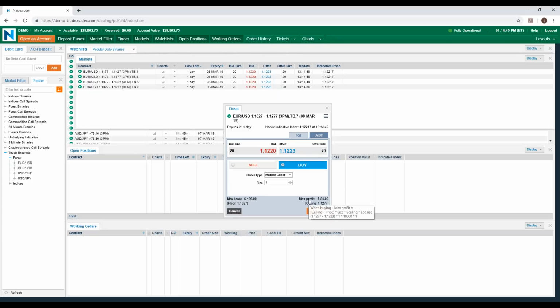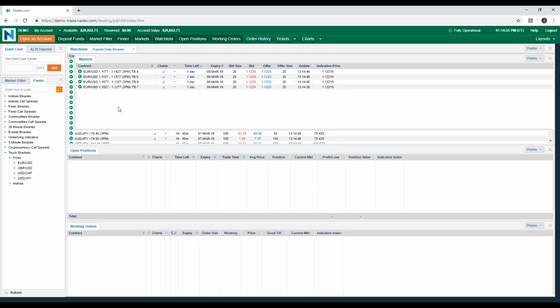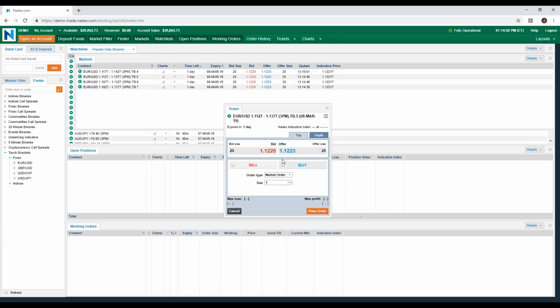Now, this may not be the best contract for you because you've only got 54 pips of profit and you're expecting a big move. So maybe you want to go out a little bit further and find a different bracket, like max loss 99, max profit 154, because I'm expecting a big move. So I want a little more room to profit.